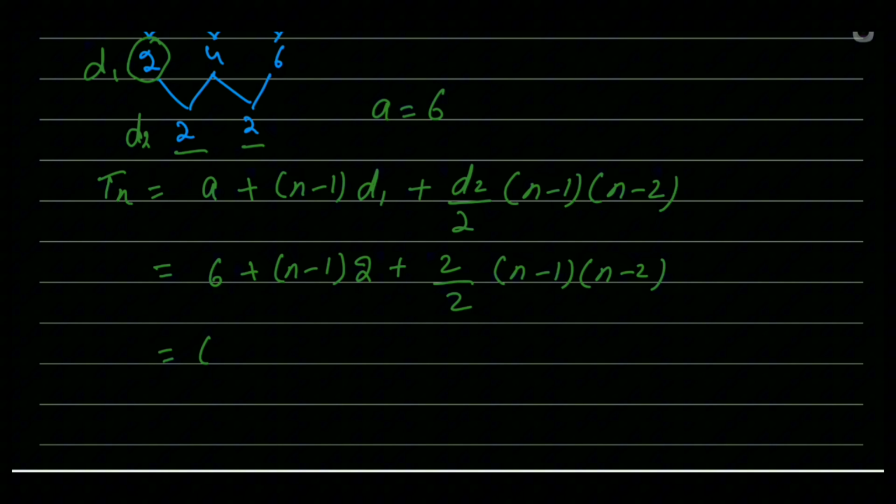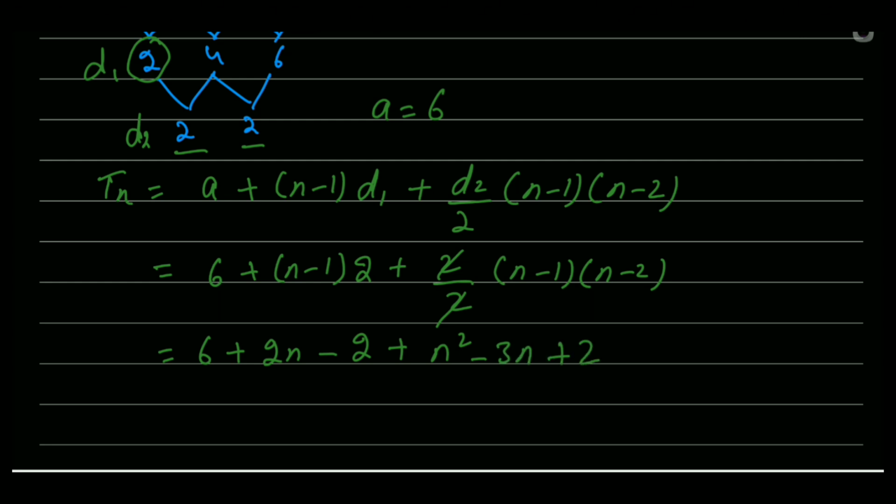So you simplify: 6 plus 2n minus 2, the 2 and 2 will be cancelled, and you multiply (n minus 1) into (n minus 2), it will be n square minus 2n and minus n will be minus 3n, and plus 2.